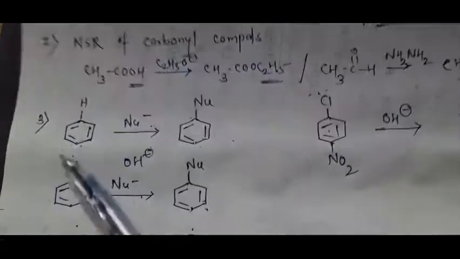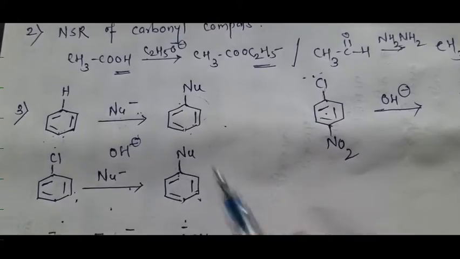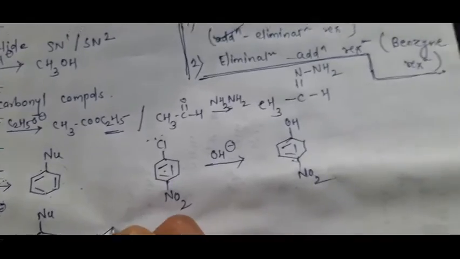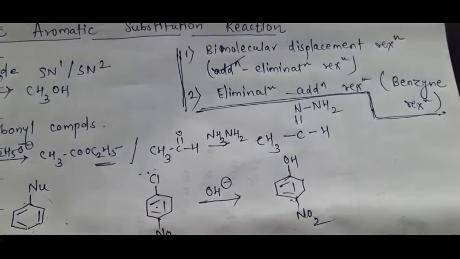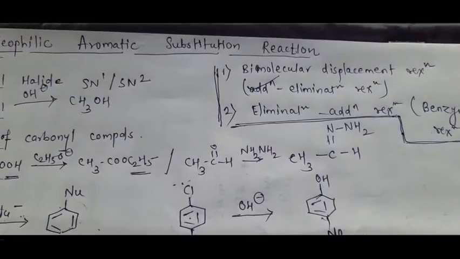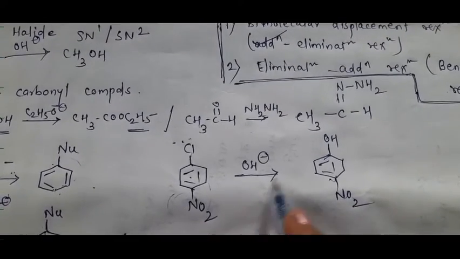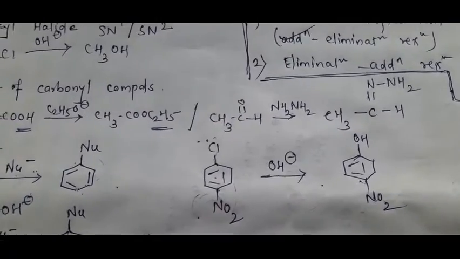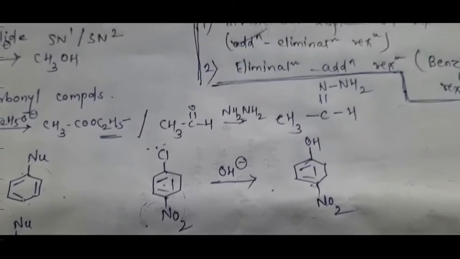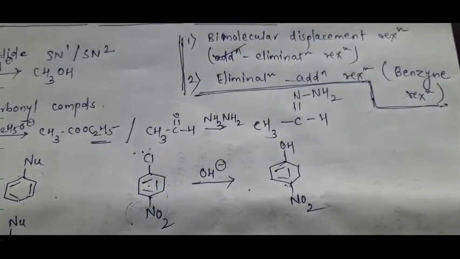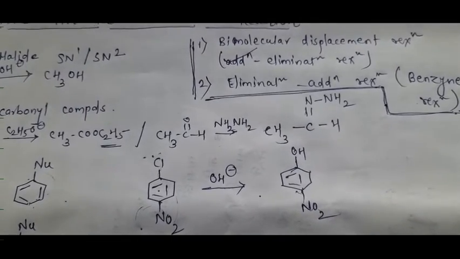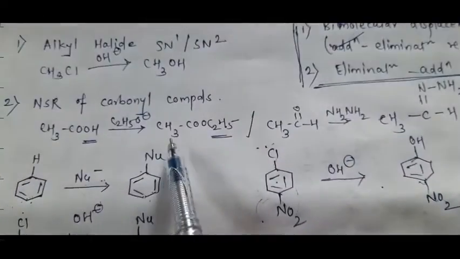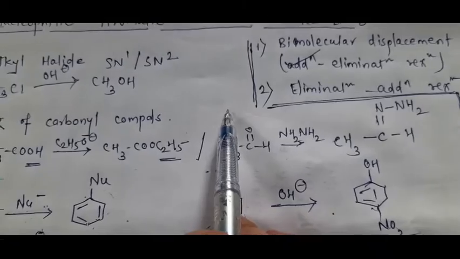Whereas this particular reaction where you have your chlorobenzene reacting with the nucleophile is an example of your elimination addition reaction or the benzyne mechanism. When I have one or the other electron withdrawing group present, that particular reaction falls into the bimolecular displacement reaction, and when I have only aryl halide, the reaction falls into the category of elimination addition reaction.